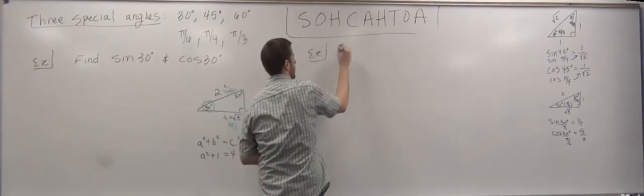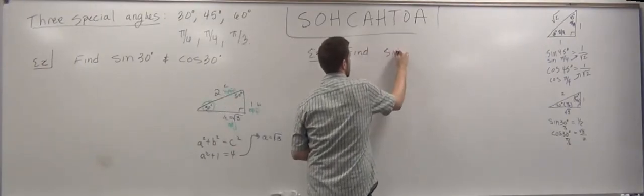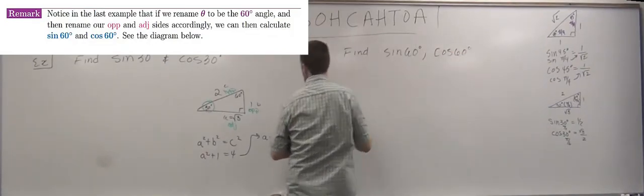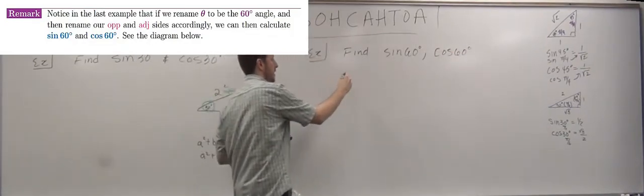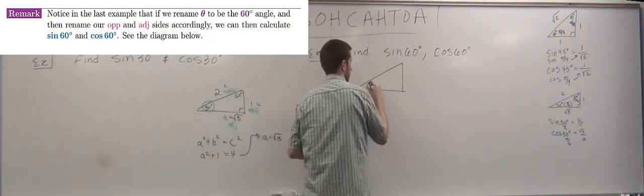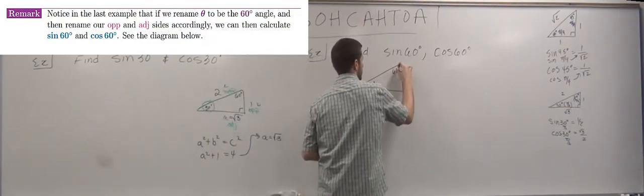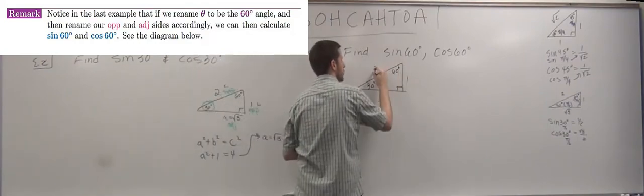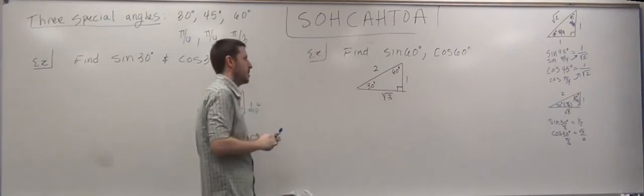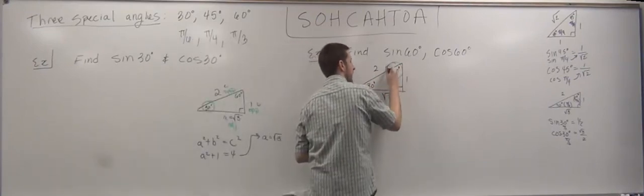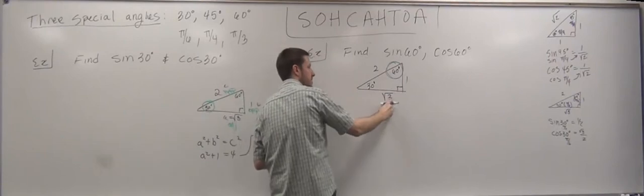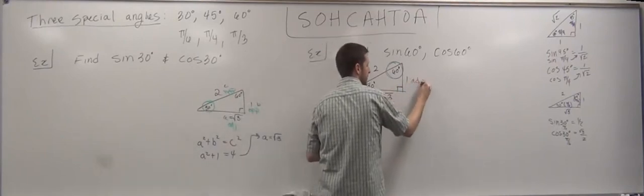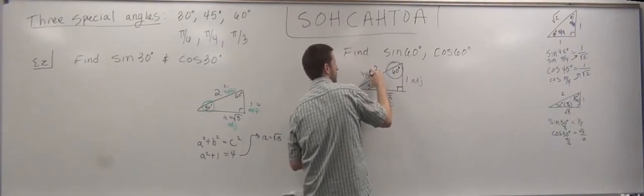So if I want you to find sine 60 and cos 60, both of them, you would use this triangle again, the 30-60 right triangle, and you would use the same side lengths, 1, 2, root 3, but now you focus on this 60-degree angle here. So this becomes opposite. This becomes adjacent. And this stays hypotenuse.